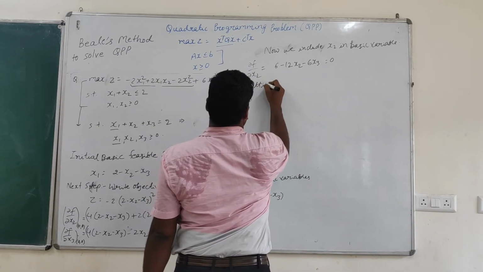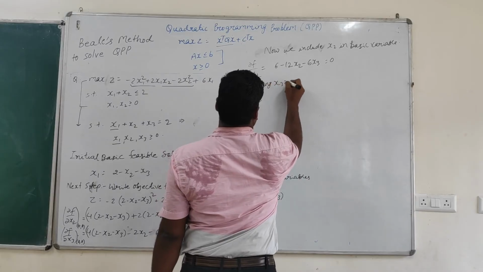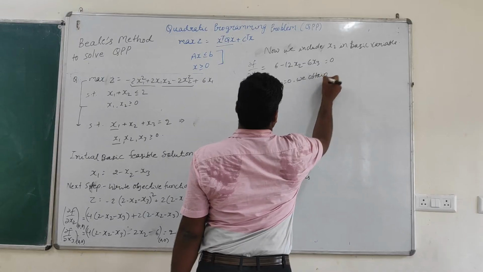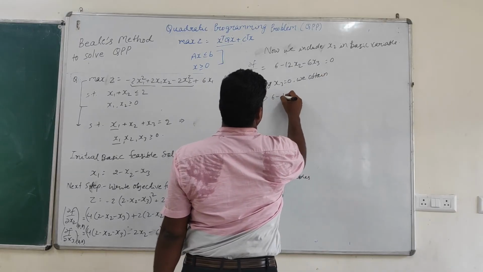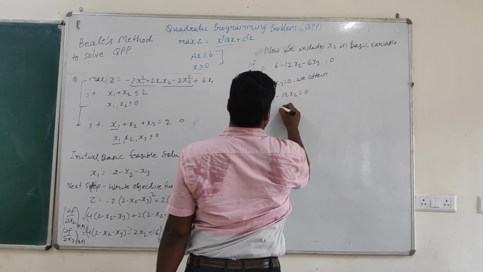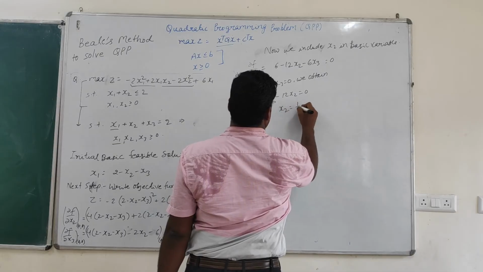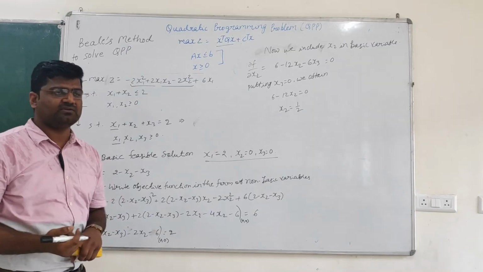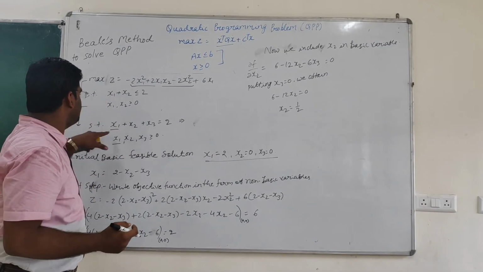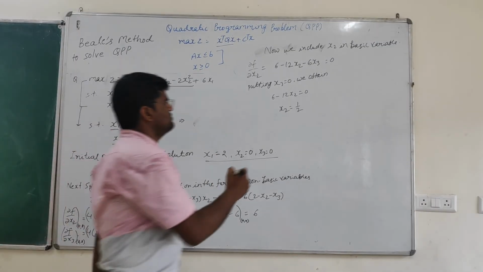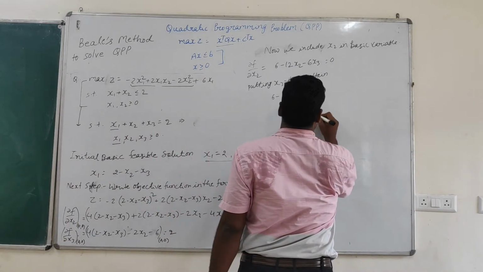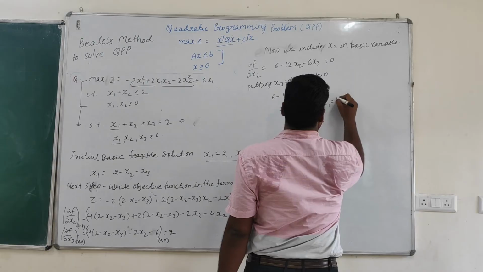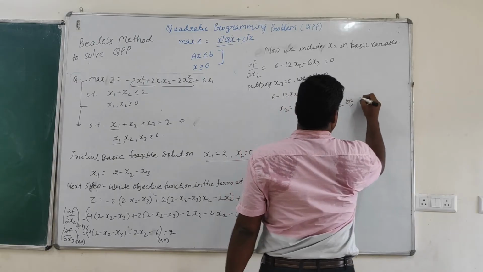So putting x3 as 0, we get 6 minus 12 x2 is 0 and x2 is 1 by 2. Now x3 is 0, x2 is 1 by 2, so x1 will be 3 by 2. So it gives me x1 equal to 3 by 2.